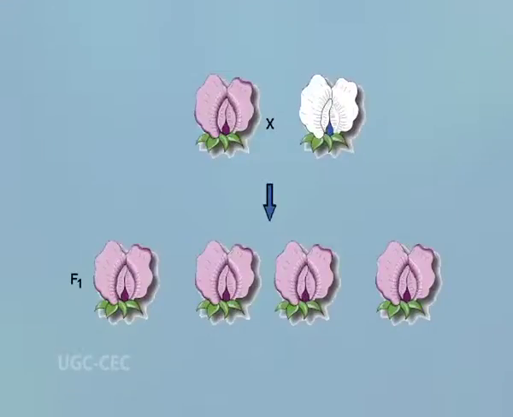Thus, the character observed at F1 is called the dominant character. The character which remains unexpressed at F1 is called the recessive character.